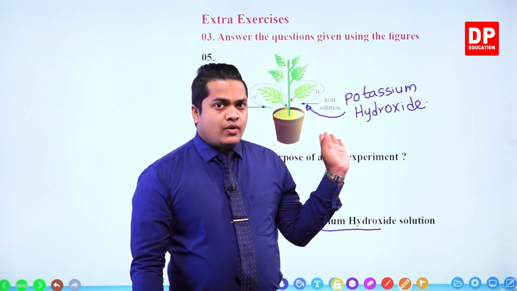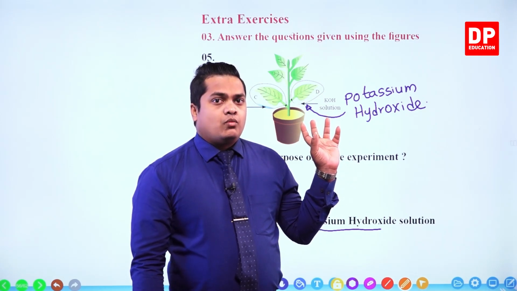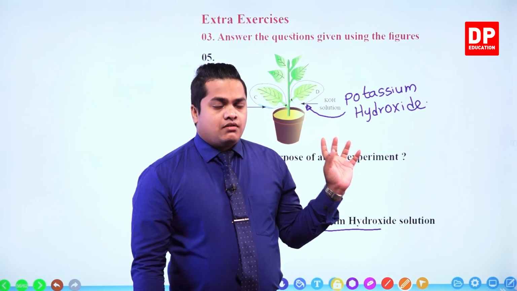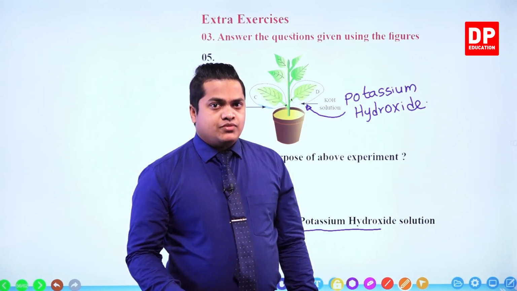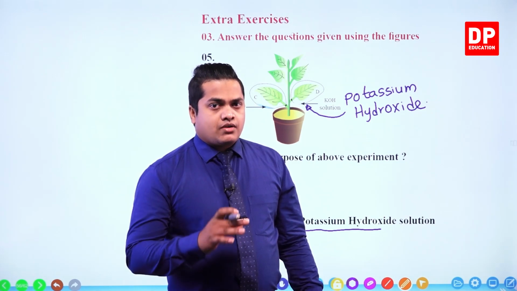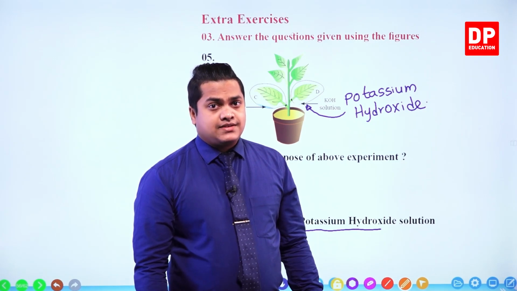So when you add potassium hydroxide into that polythene bag, all the carbon dioxide contained within the polythene bag will be absorbed by the potassium hydroxide solution. So there is no carbon dioxide in the system.